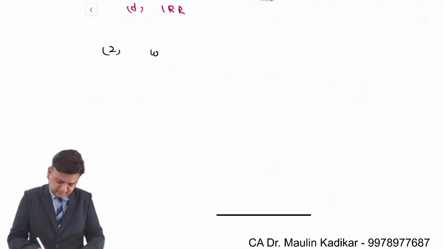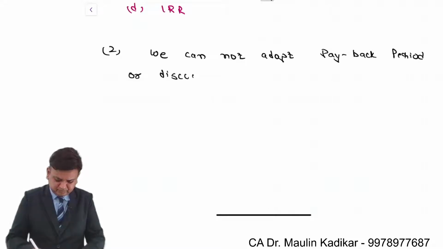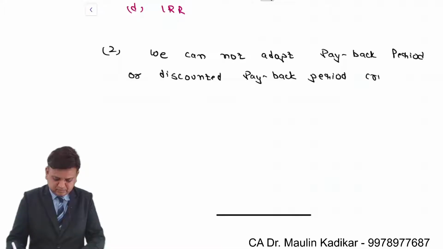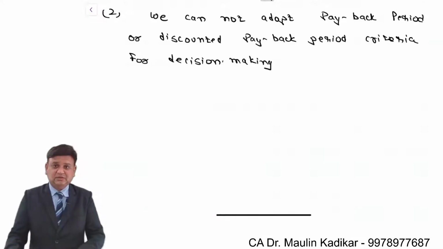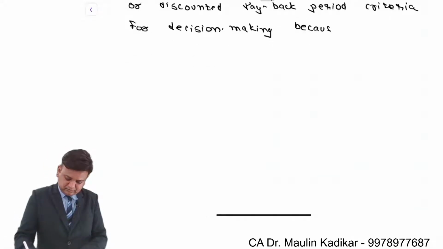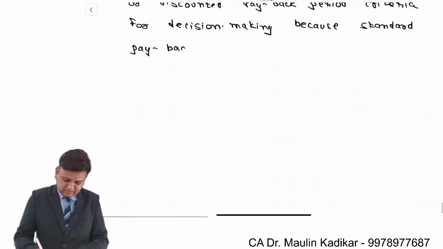Second point, we cannot adopt payback period or discounted payback period criteria for decision making because standard payback period is not given.